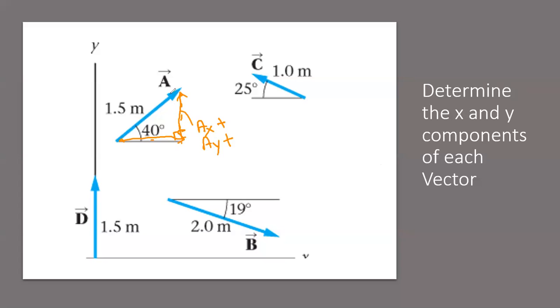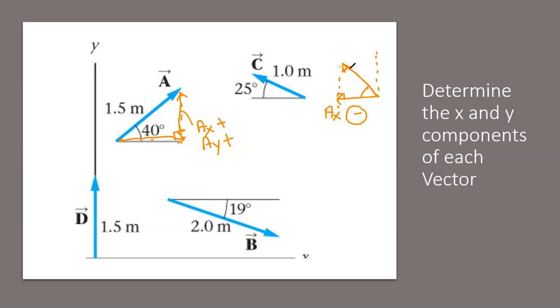After that, you know this distance, you know the angle, right? AX would be A cosine 40. AY would be A sine 40. How about here? What do you think? Now, if you complete your right triangle and bring this one to here, this angle is theta, and your AX is going to be negative.